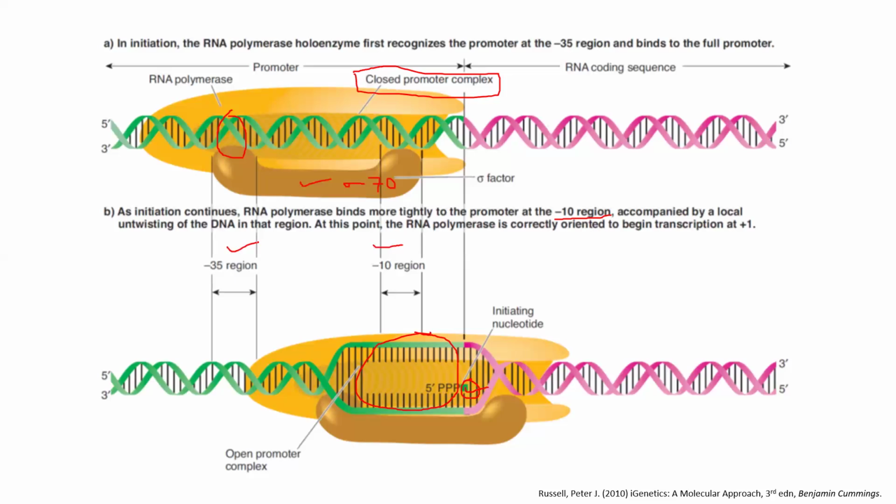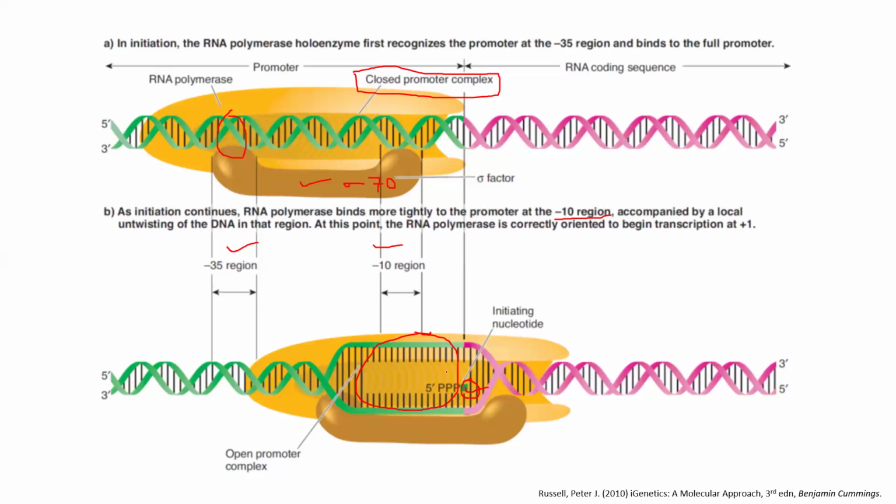And this is involved in the transcription of most of the genes. But as I said, there are other sigma factors, and under special circumstances, those sigma factors associate with the core RNA polymerase instead of sigma 70, and then the holoenzyme with those sigma factors can recognize special promoters required for the transcription of those genes under those conditions.